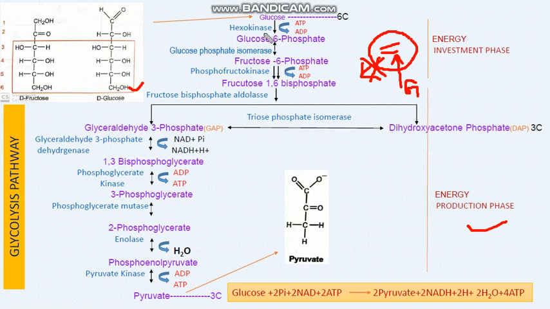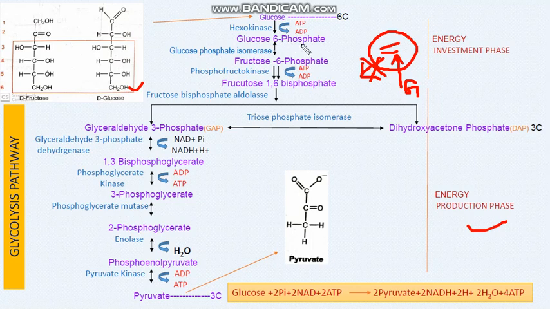Hexose means 6, that is, this enzyme acts on 6-carbon molecules like glucose, galactose, etc. And kinases are enzymes which transfer a phosphate group from a high energy molecule to another. Here ATP is the high energy molecule, and it transfers the phosphate group from itself to glucose.